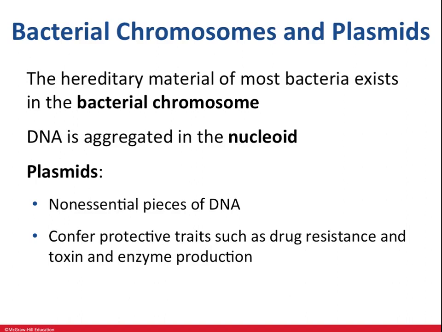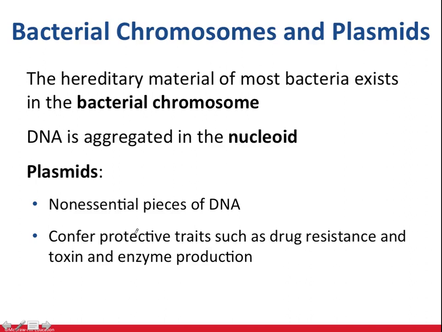Some bacteria only have circular DNA. Bacteria also have plasmids. This is a non-essential piece of DNA. If the bacteria doesn't have a plasmid, they can still survive.